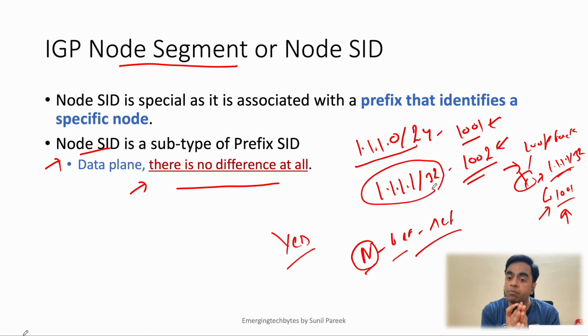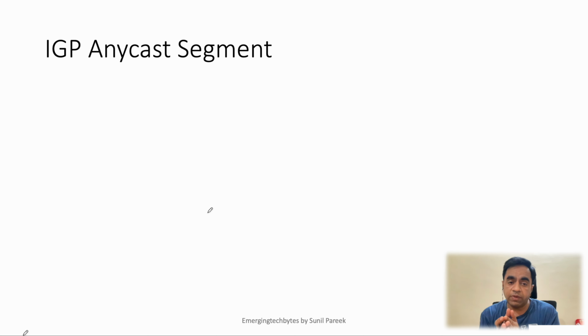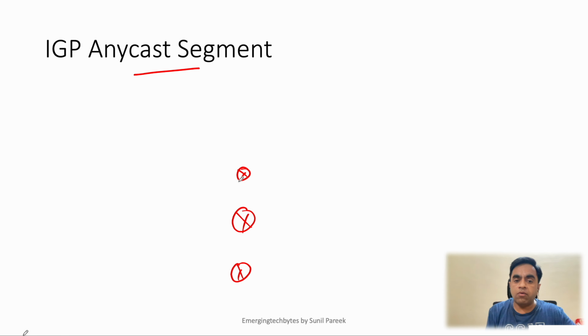Are there any other types of SIDs which exist? The answer to that is yes. So let's see that. The next type of SID that we have is the anycast SID. This type of SID is allocated to the anycast prefix address. An anycast address is where we assign the same IP address, let's say 1.1.1.1, to multiple nodes.